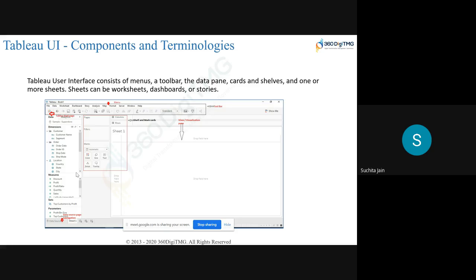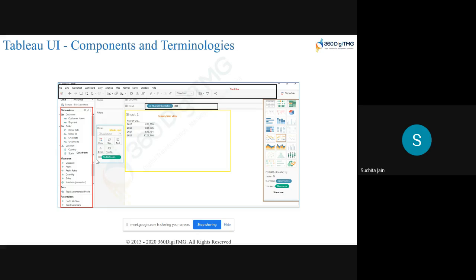Okay, moving on. Before we move on, it is important to understand shelves and cards. This area represents your shelves and cards. Now, this is your toolbar.